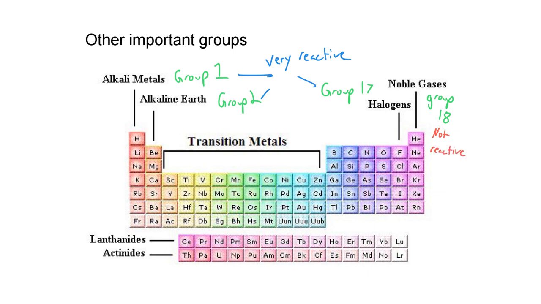And it's actually halogens want to basically become noble gases, and that's why they are so reactive. Because noble gases are so stable, halogens are sort of trying to become a noble gas by reacting and picking up an electron. Now, noble gases, they are not reactive. They're incredibly stable. They're not going to form bonds with other elements.